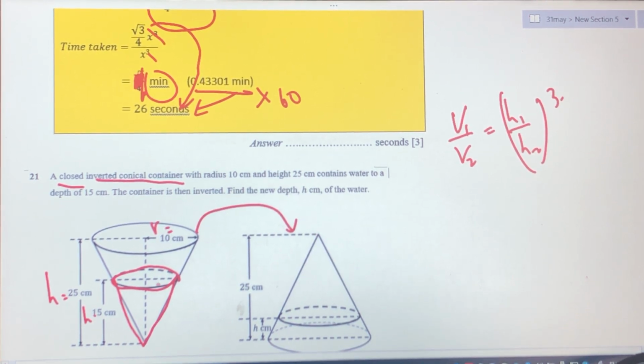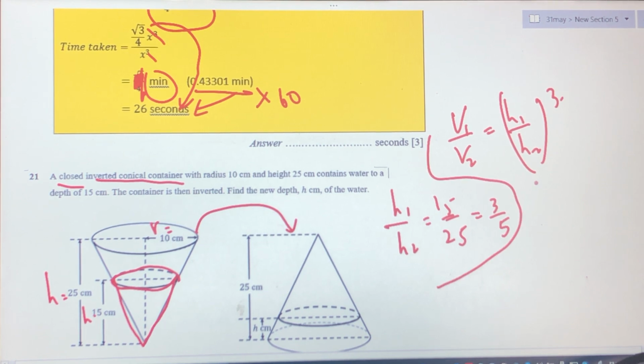I know that this H1 over H2 is 15 over 25. That would be 3 over 5. Correct? So this will be my amount of water, V1 over V2 equals 3 over 5 cubed, which is 27 over 125.